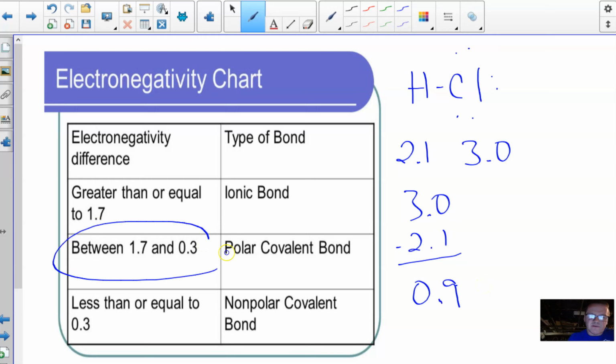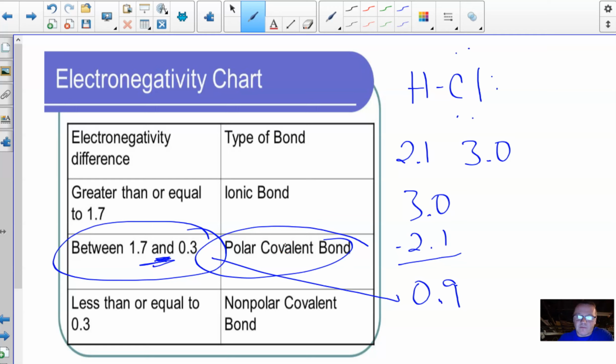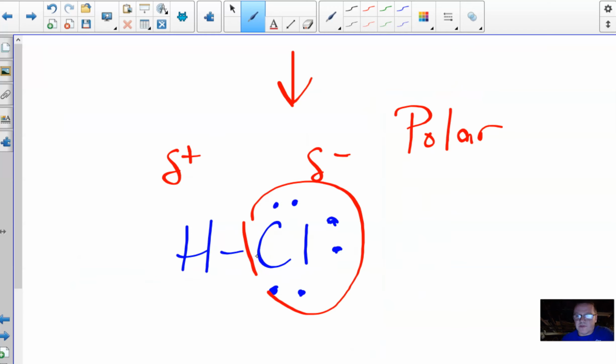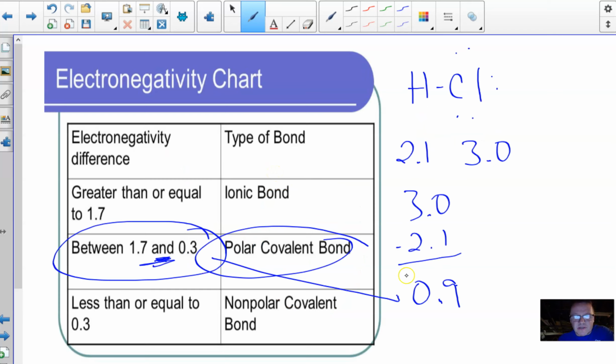That fits right in this category: anytime the difference is between 0.3 and 1.7, and 0.9 falls in that middle range, we have a polar covalent bond. We already established that it was polar when we said all of those electrons hang out with chlorine, giving it a partial negative. So it made sense that it's polar, and we also have the electronegativity difference to back it up.